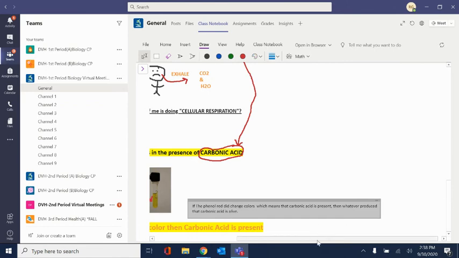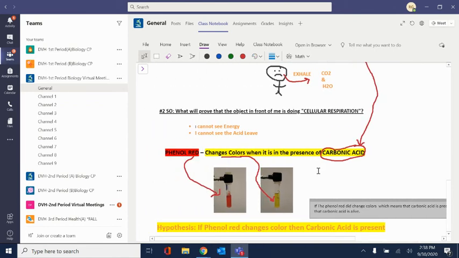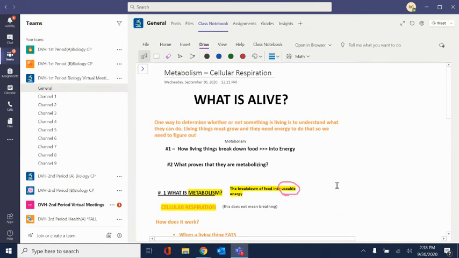Going back way up to the top, our question is, what's alive? How do I determine that? Well, if I can understand what an organism does, then I can understand whether or not it's alive. One of the activities that would indicate that something's alive is metabolism, or breaking down food.